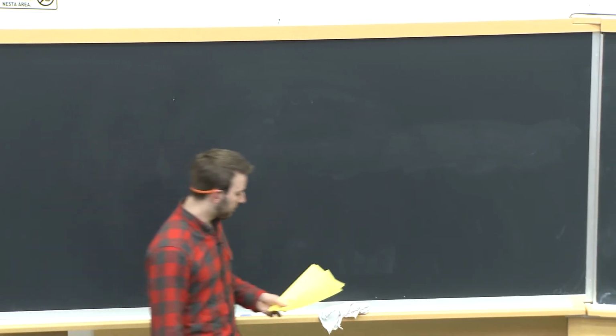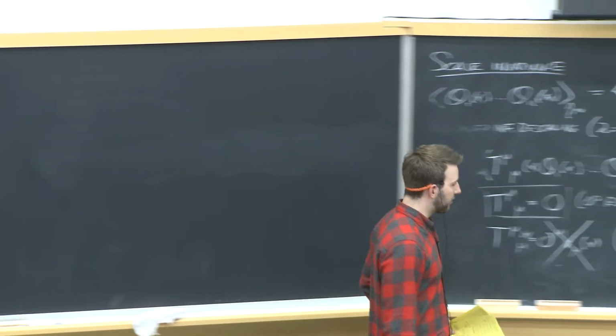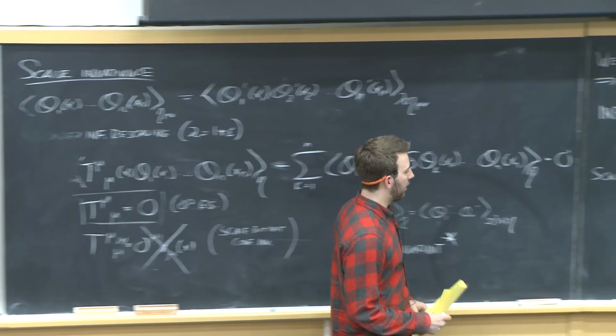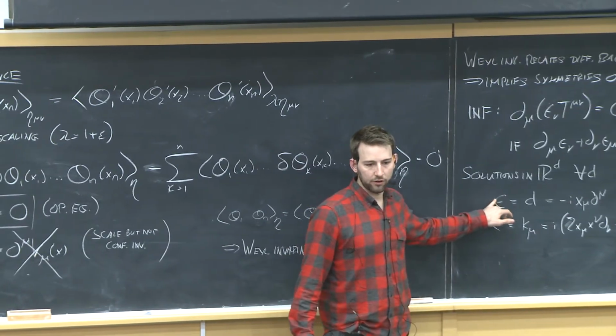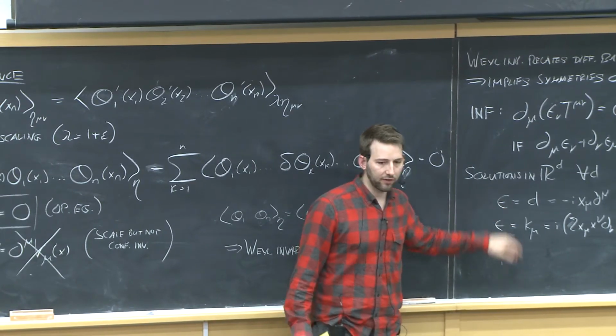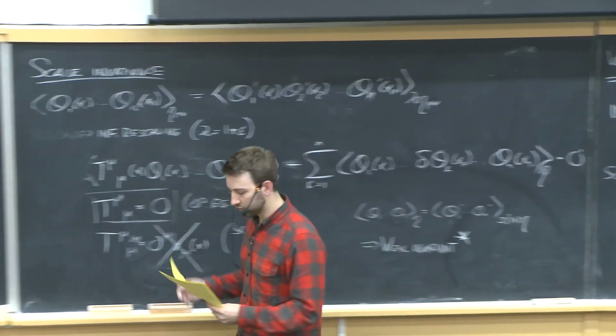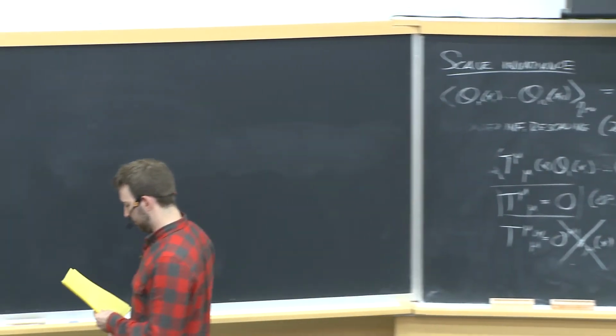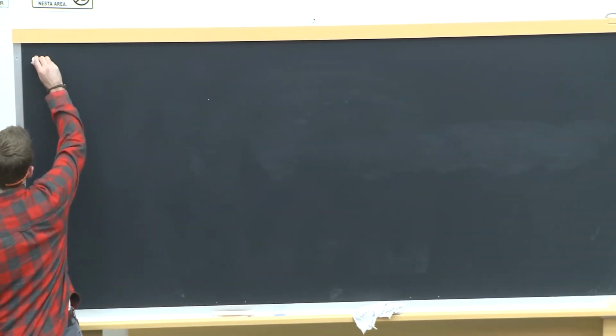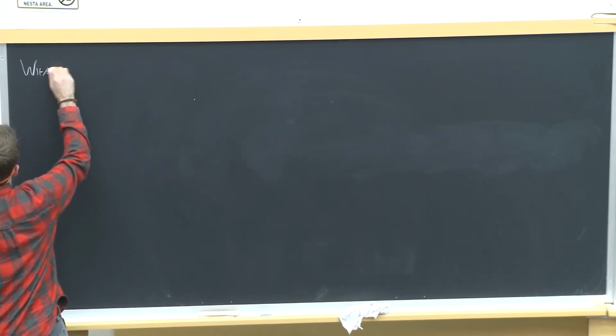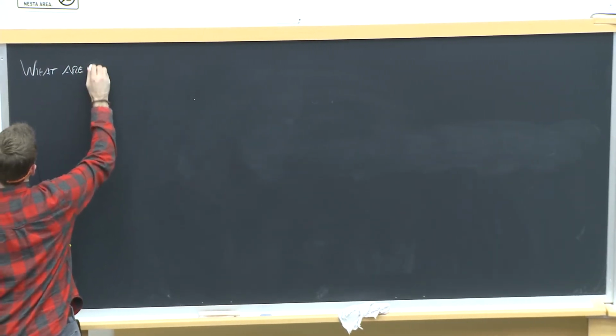OK, so how do we think about these transformations, either the infinitesimal versions encoded in these diffeomorphisms generated by these conformal Killing vectors, or their finite versions? What are these symmetries?